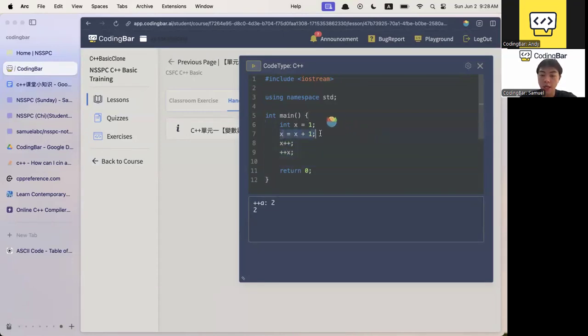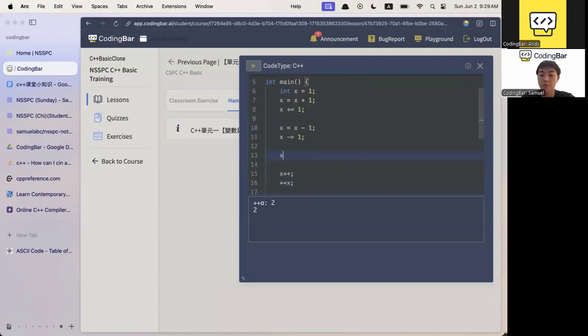But actually there is another short form for x equal x plus 1. The other short form is x += 1. And it doesn't just work for plus. It works for minus as well. So you can write x -= 1. This is equivalent to x equal x minus 1. These two are equivalent. How about multiplication? x equal x times 2 is the same as x *= 2.